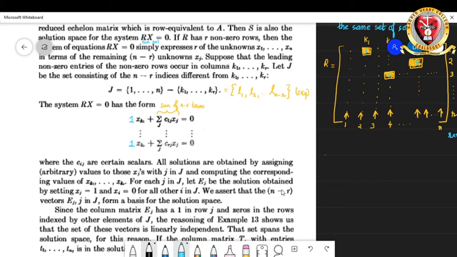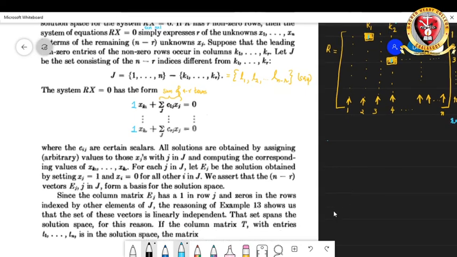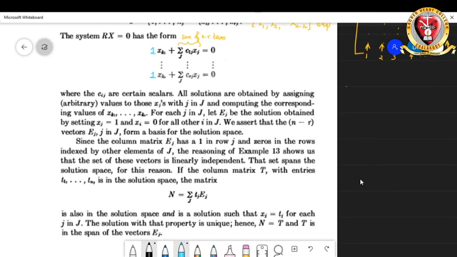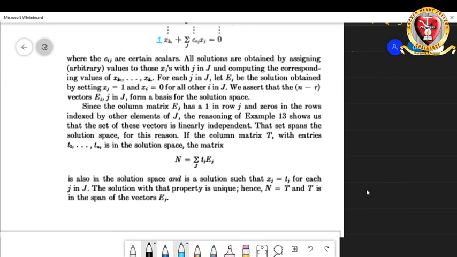The solution space has n minus r vectors. How many elements are in capital J? n minus r. You can read through the rest of the paragraph to understand that the solution with this property is unique.